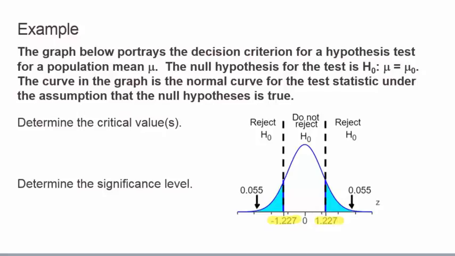So the critical values are z equals negative 1.227 and positive 1.227.